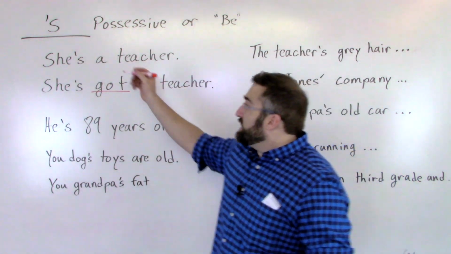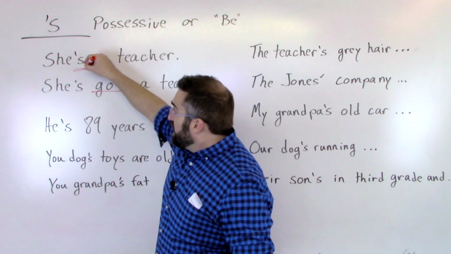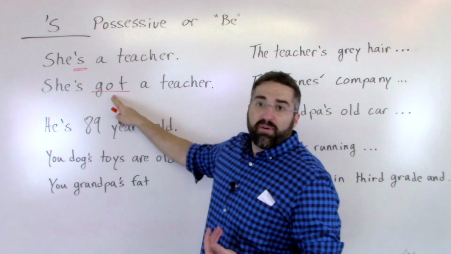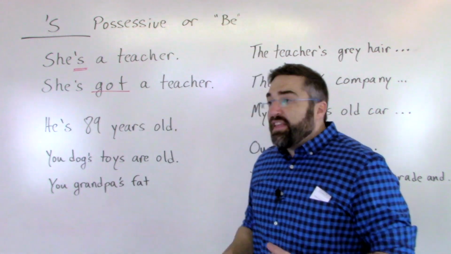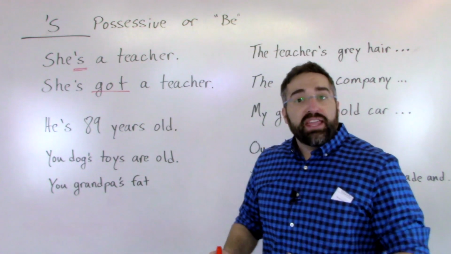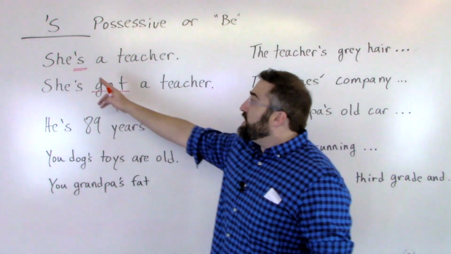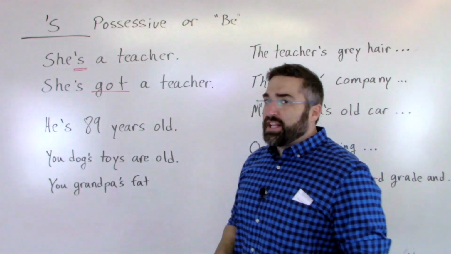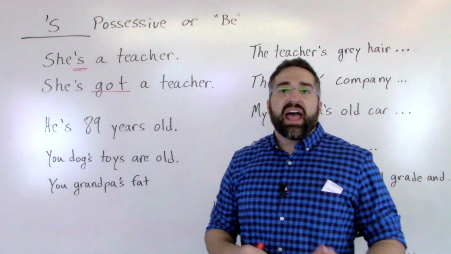Okay, most likely, here is my verb. And because I don't have a got in there, it's very likely that I'm saying is, okay? She is a teacher. She's a teacher. It's very unlikely that I would say she has a teacher.